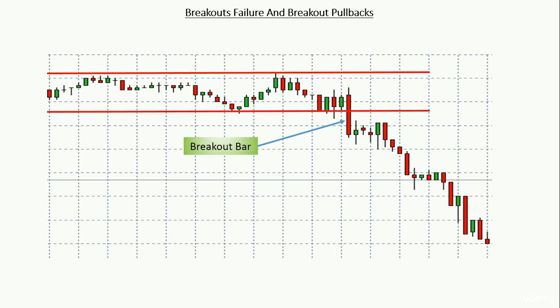Adding with smaller sizes as the price goes down might seem counter-logical to you. But remember that institutional traders do not trade on adrenaline and greed. Most importantly, they do not want to be trapped near the bottom with large positions.